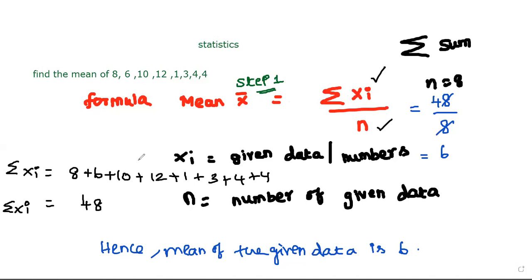That is step 1. Step 2 is finding the numerator and denominator separately. You have to write what is summation xi and what is n. After finding them, you substitute back in the formula, and then you do the simplification. Simplification is the last step. I hope it is clear.